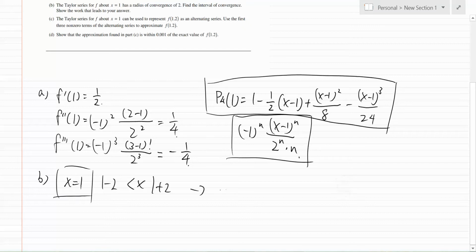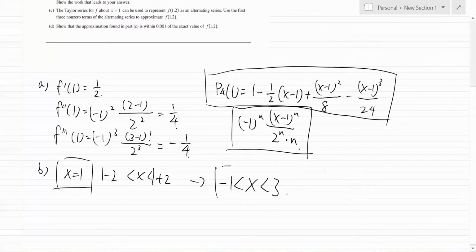So we say that x is greater than -1 and smaller than 3. And we need to test whether this is right or not.